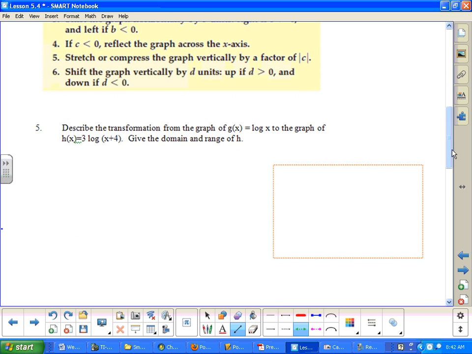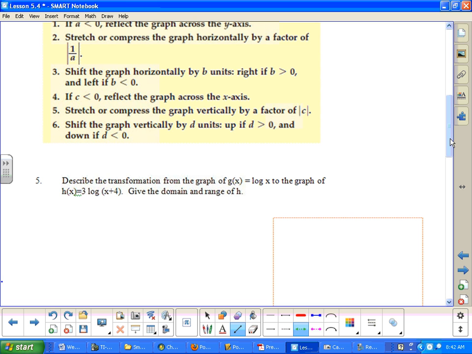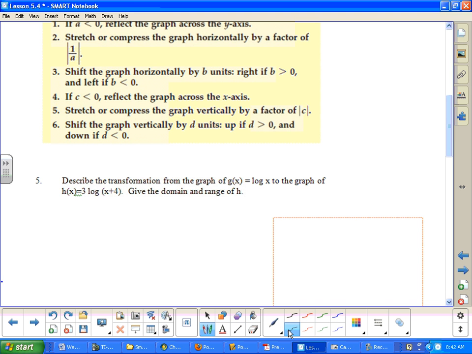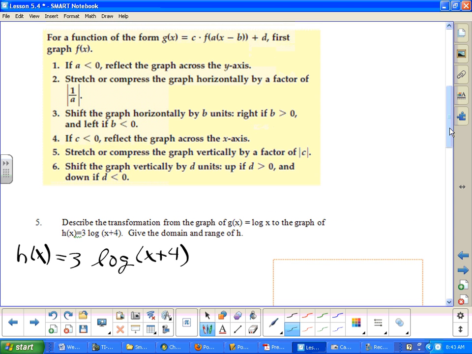So they want us to describe this transformation. We have 3 times the log of x plus 4. Which letters are represented here by the 3 and the 4?